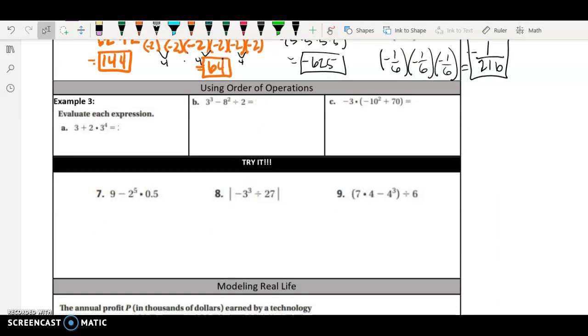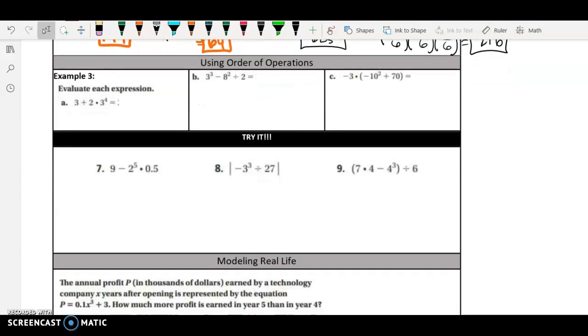All right, so now we're going to use order of operations to solve using exponents. Order of operations is PEMDAS, so we have parentheses, exponents, multiplication, then division.